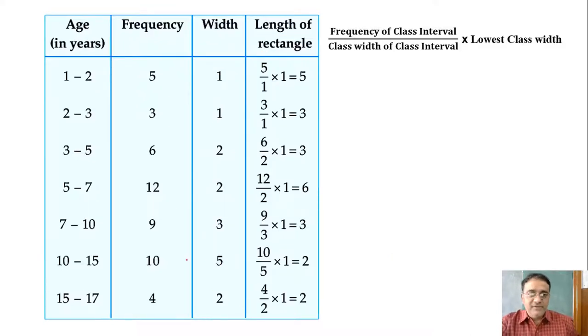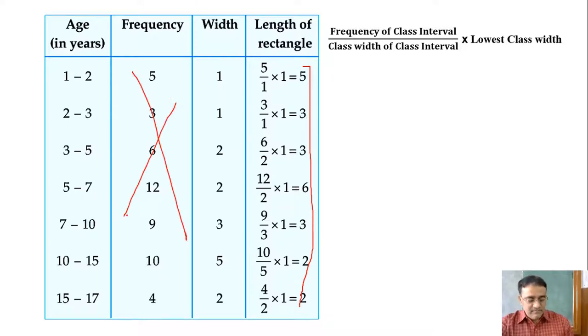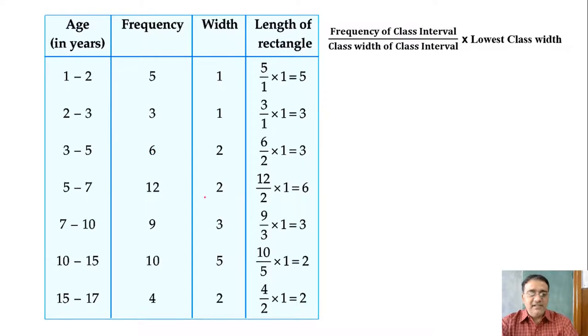Now we have to draw the histogram by taking this adjusted frequency, not this one. इसको नहीं लेना है. Okay, so we'll start with 1, 2, 2, 3, है ना? So I'm going to take 2 units for x-axis and 1 unit for y-axis.